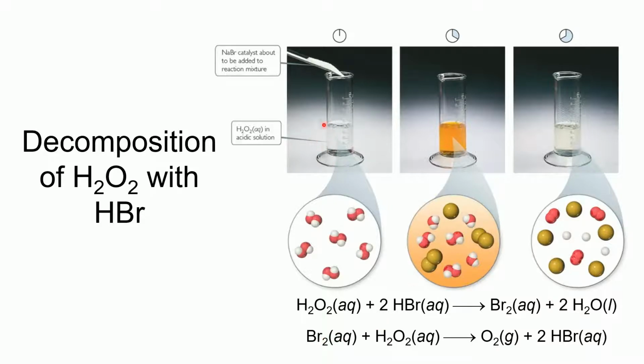And so here it started off as colorless, but as the reaction proceeded, we get some brown material in there. That brown is the Br2, but then eventually that brown would get used up and we would be left to look like this. So pretty cool. You don't always get a chance to observe the intermediate, but this intermediate is fairly stable, so it is possible to do.